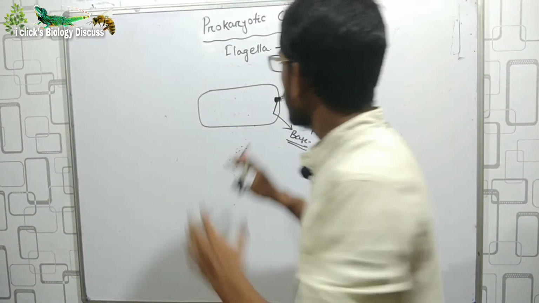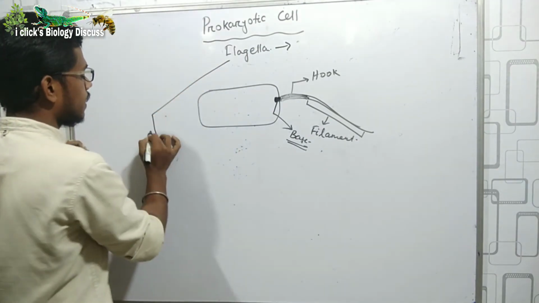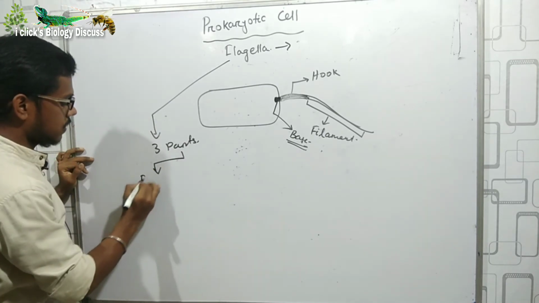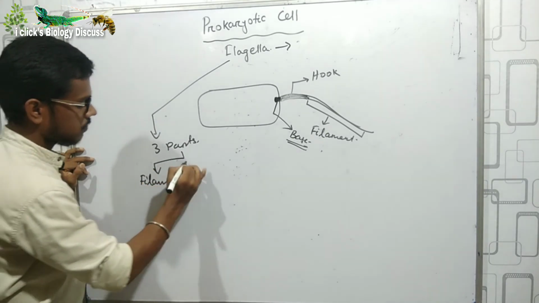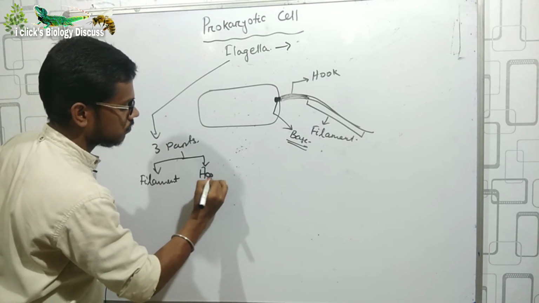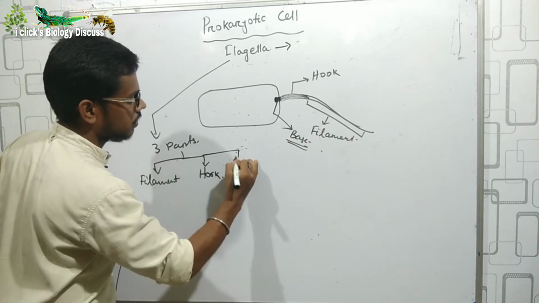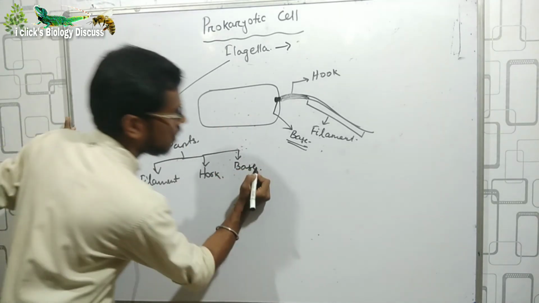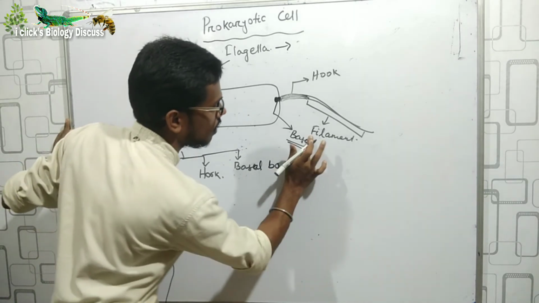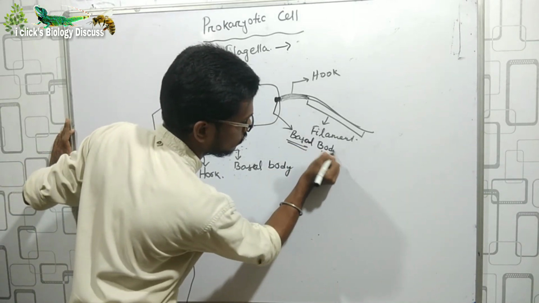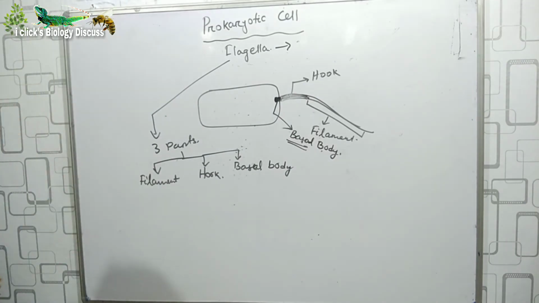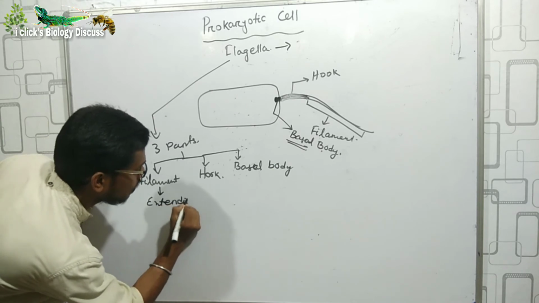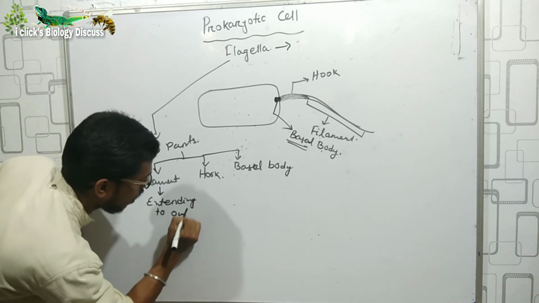So the flagellum is divided into three parts: the filament, then the hook, and another, the base, which is also called the basal body. The filament is the extending portion, extending to the outer environment.